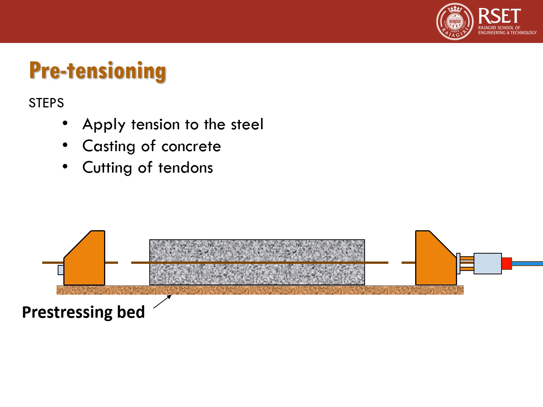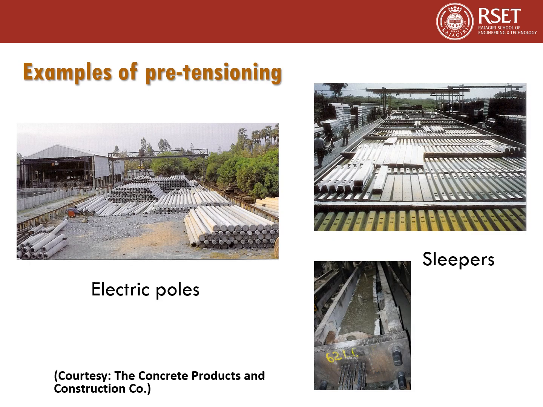So the concrete now becomes in compression because the steel, when it is cut, tries to come back to the original position. So the tension in steel will get transferred to the concrete as compression. So there will be axial forces in the member, and due to the axial forces, the concrete section will slightly get compressed. So these are some examples of pre-tensioning.